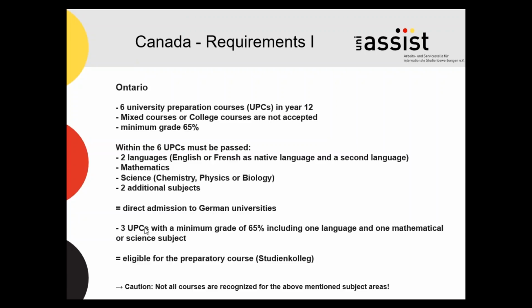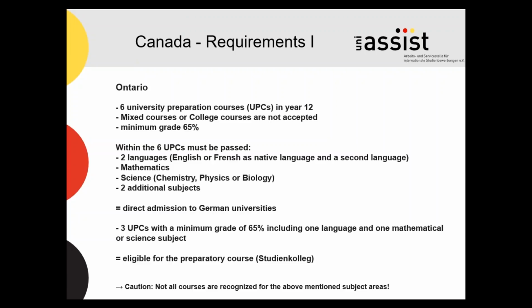First, you need 6 university preparation courses, so-called UPC courses, in the last year of high school. Mixed courses or college courses are not accepted.